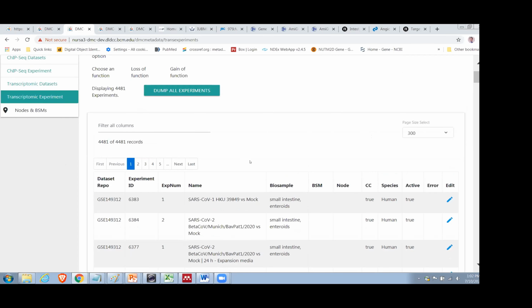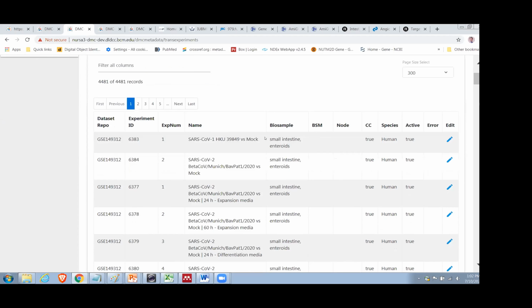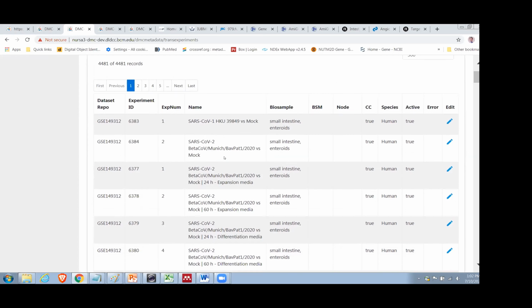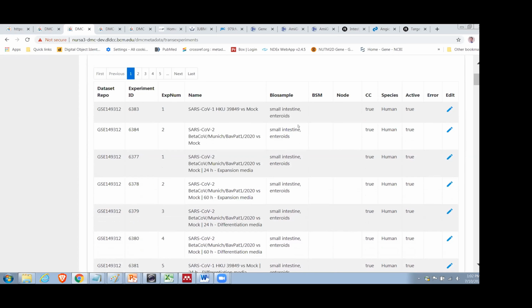The other screen that you're looking at right now allows us to see, at a glance, each of the individual experiments and how those have been annotated.